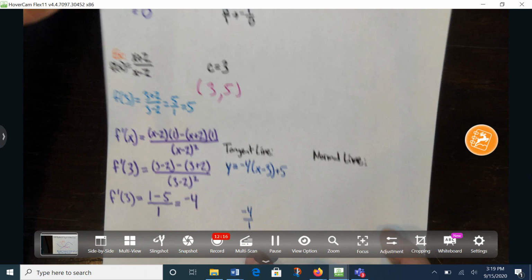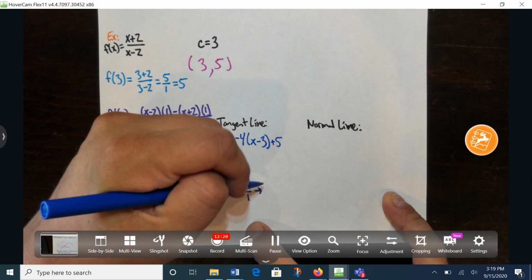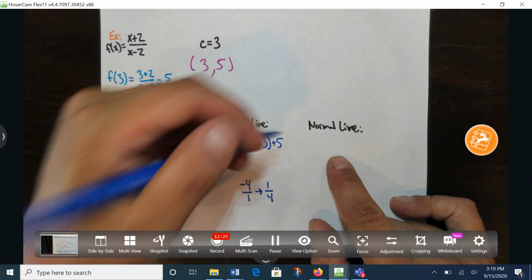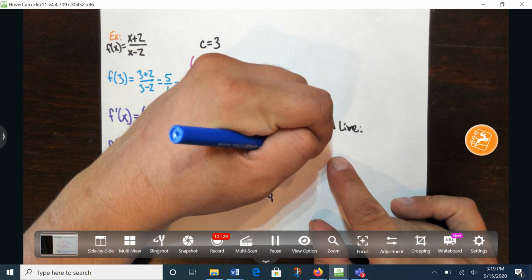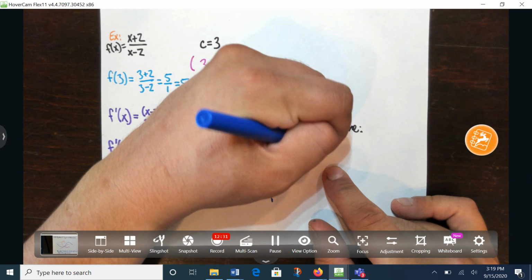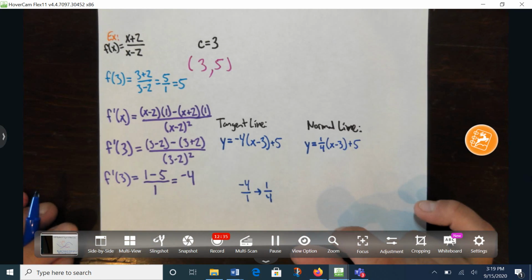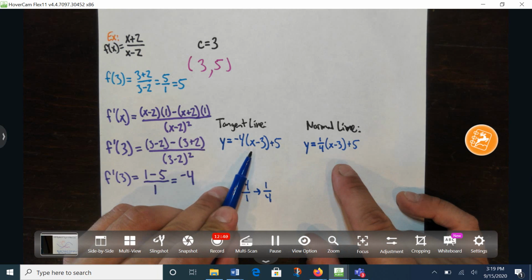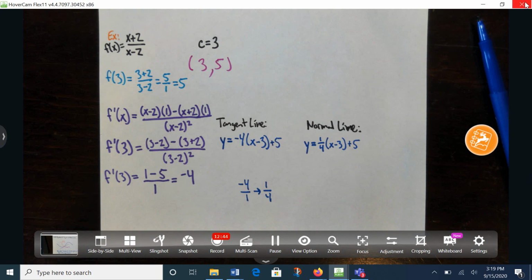So the opposite sign would be positive, and it would be 1 over 4. So the equation of our normal line is going to be y equals 1 over 4, because that's our new slope, times x minus 3 plus 5. And there you have it. We have the slope of our tangent line and the slope of our normal line. So let's go ahead and graph those for fun.